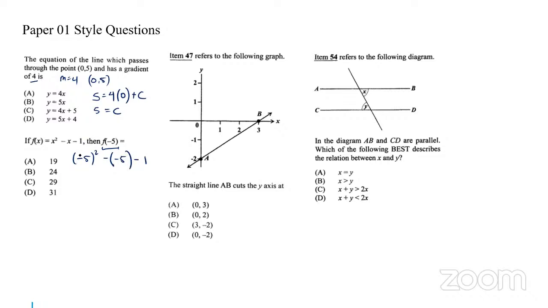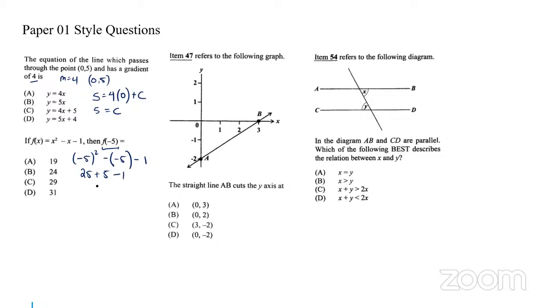Negative 5 squared, so negative times negative gives me a positive, and 5 squared is 25. So I'm going to have positive 25 there. Minus negative 5, so we're subtracting a negative. That means that we're going to be adding, so it's going to be plus 5. Minus 1, just the same.